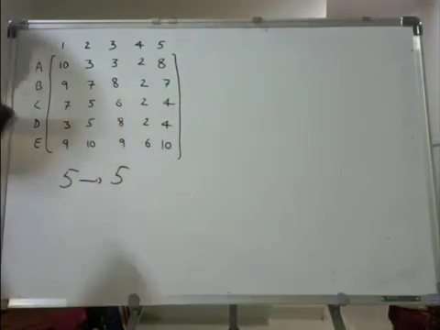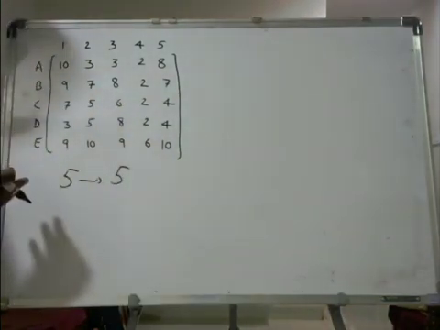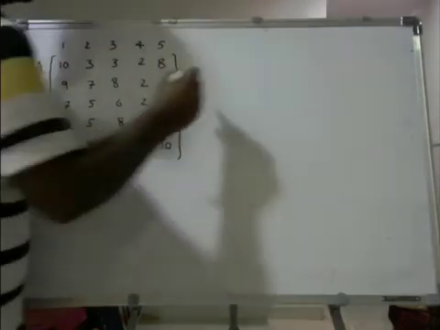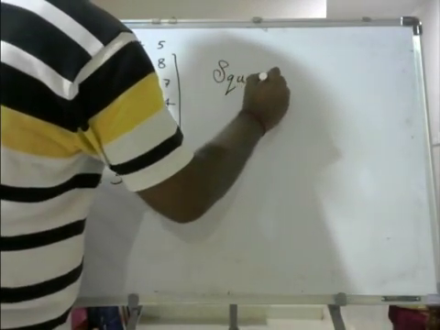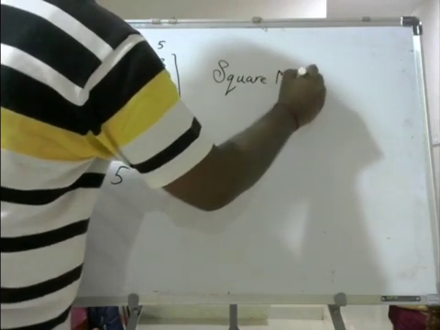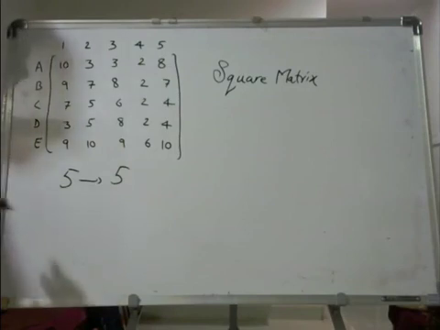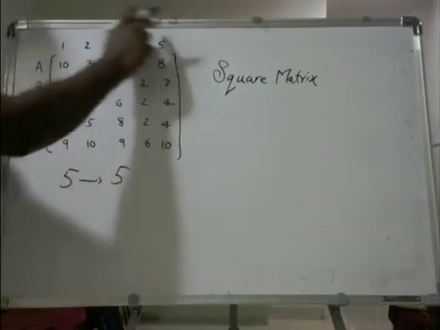The first thing we need to see in an assignment problem is whether the matrix given to you is a square matrix or not. What do you mean by a square matrix? The number of rows should be equal to the number of columns.